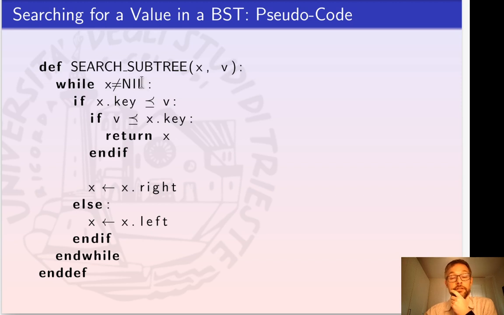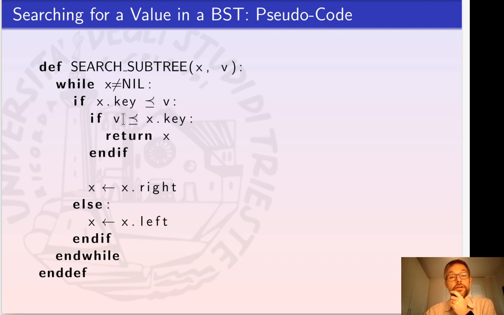So while x is different from nil, we keep asking ourselves whether the value we're searching for is smaller or equal with respect to the order we are dealing with, to the node key. We may also test the opposite relation.